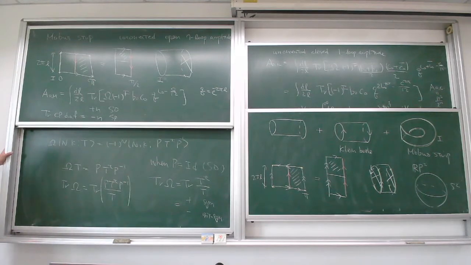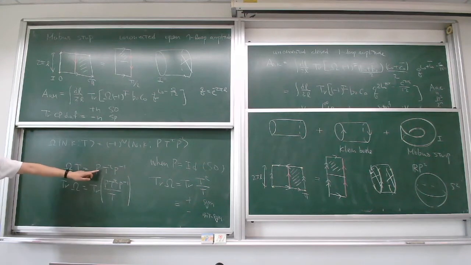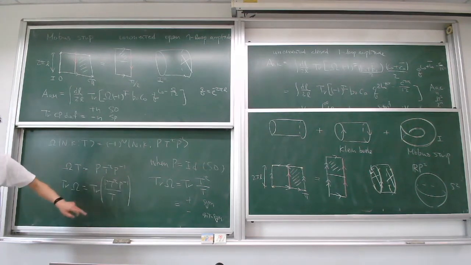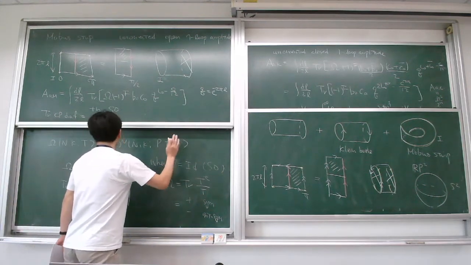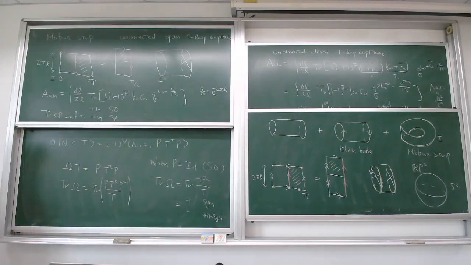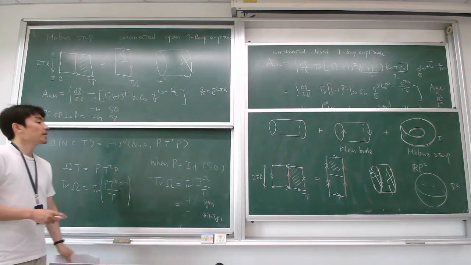But to be honest, I got confused by one thing. It shouldn't be inverse. If it is inverse, if you take the trace, p and p inverse should cancel, so I think I should get just a p here. Sorry, but I don't know why. It used to be p t transpose p, as far as I remember.